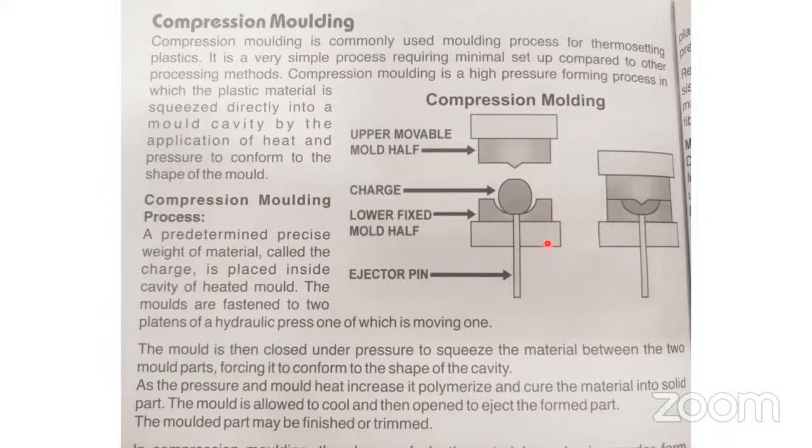The platen gets insulated by some asbestos material here. Therefore, heat by conduction is not passing to the platen. The platen stays cold, but the mold is heated, upper part and lower part.